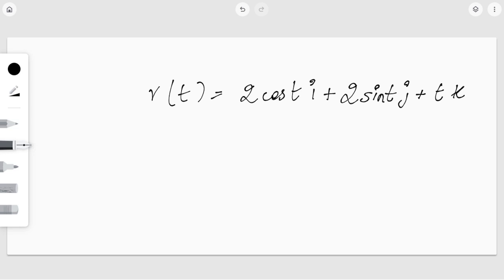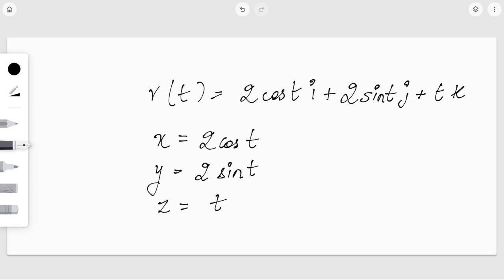So to solve this problem, what we must do is find the parametric equation of the given curve. The parametric equation will be x is equal to 2 cos t, y equal to 2 sin t, and z is equal to t.